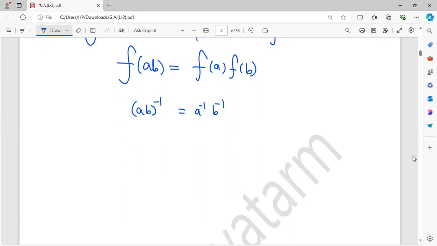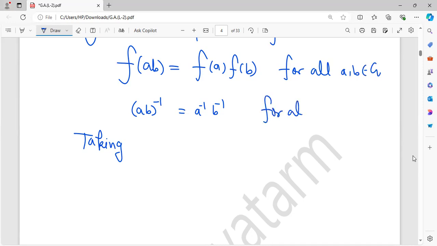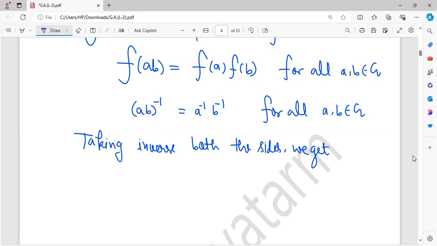So taking the inverse on both the sides, for all A, B belongs to G, what will we get?